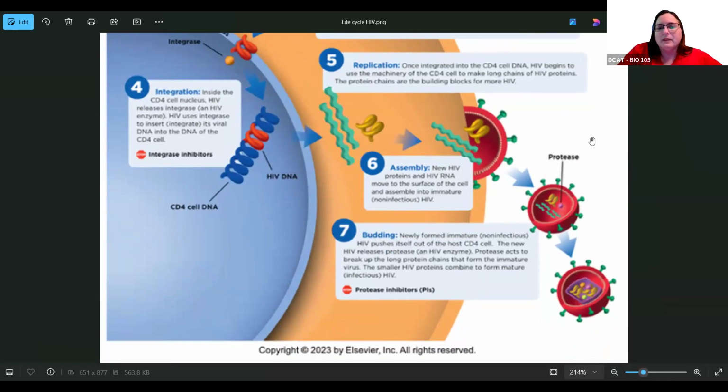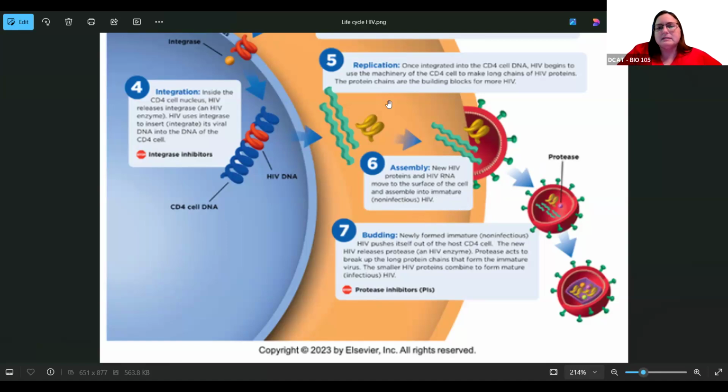All right, so assembling. This is when the new HIV protein and the HIV RNA move to the surface of the cell and assemble into immature, non-infectious HIV, okay?